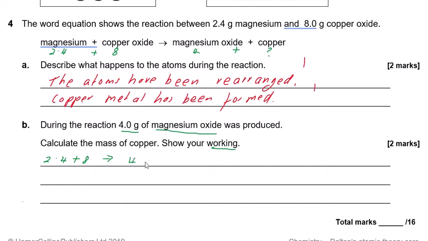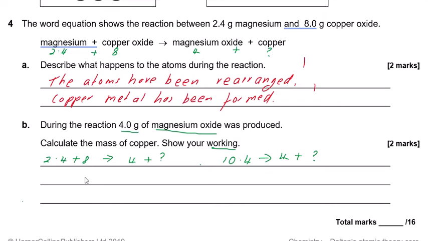Okay, 4 plus something. So we can rewrite this, because 2.4 plus 8, okay, that's 10.4. So we can say 10.4 will give you 4 plus something.